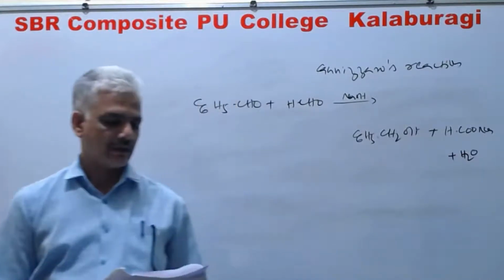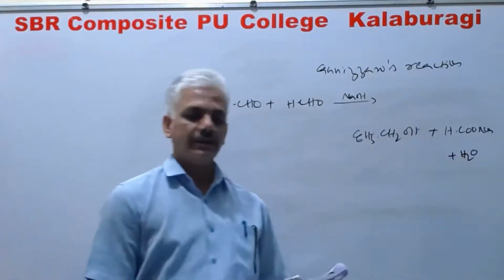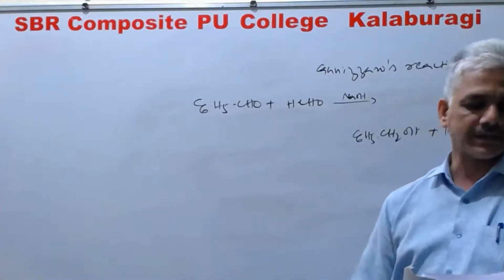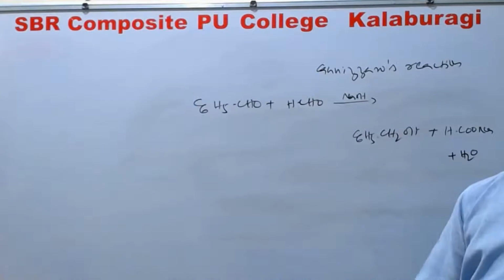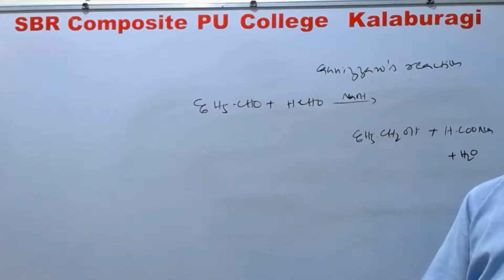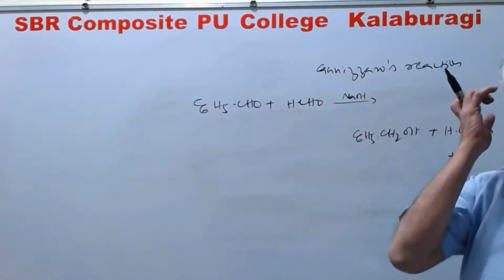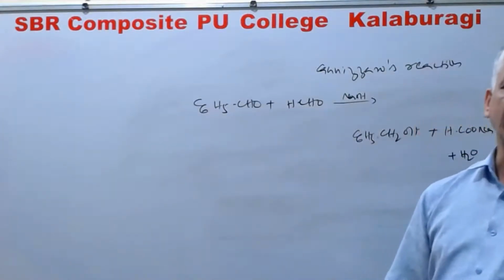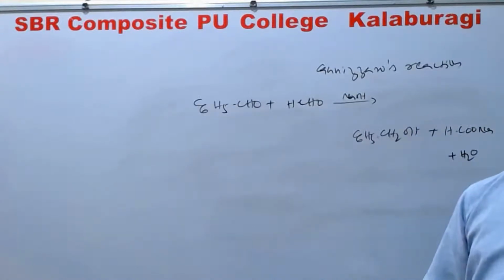Next, 30th question, which gives a ketone with the Grignard reagent. Given options are formaldehyde, ethyl alcohol, methyl cyanide, and methyl iodide. Formaldehyde on reaction with Grignard reagent will give a primary alcohol, but not a ketone.